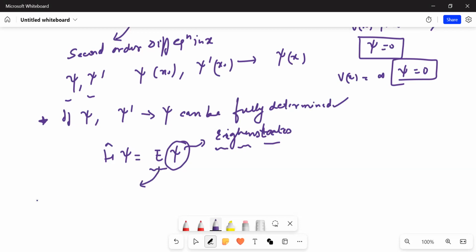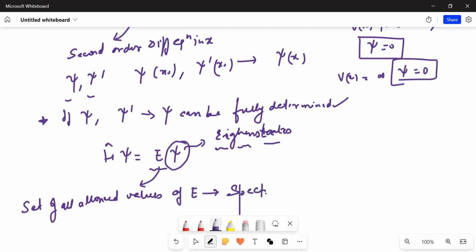The set of all allowed values of E is called the spectrum of the Hamiltonian H.